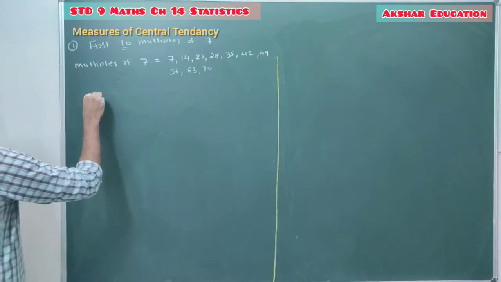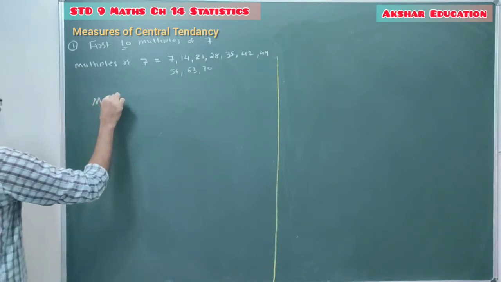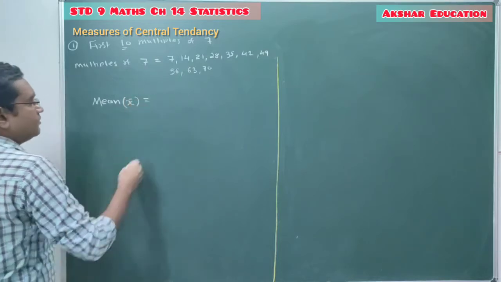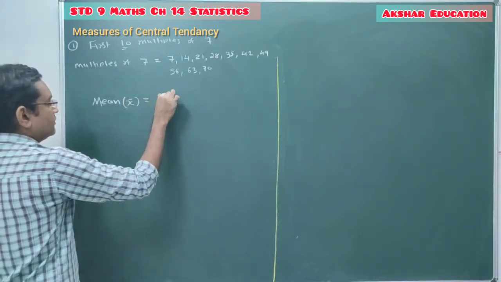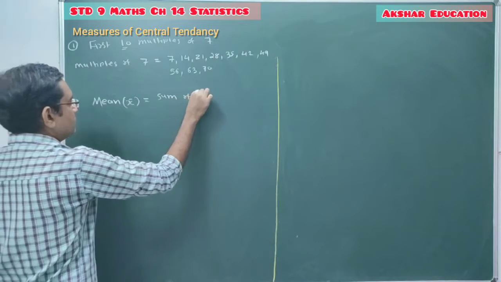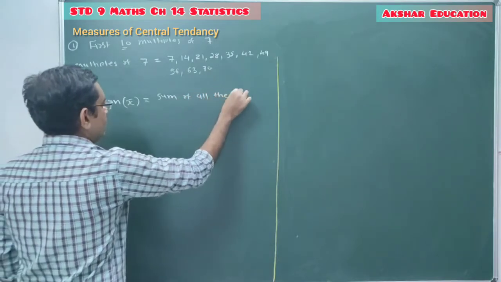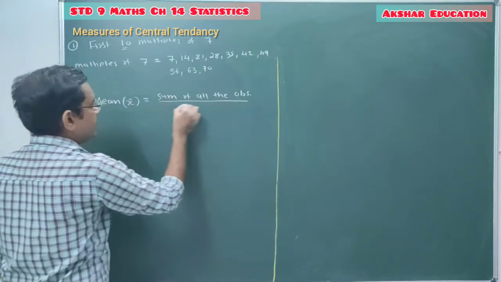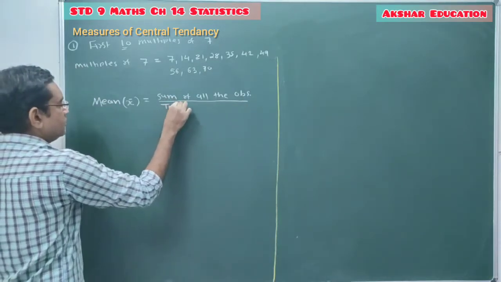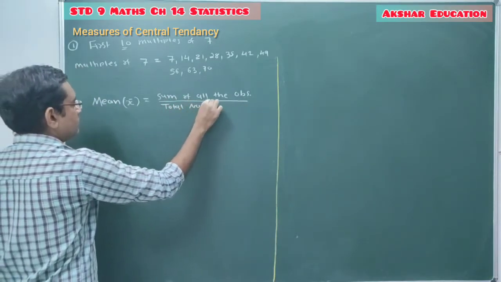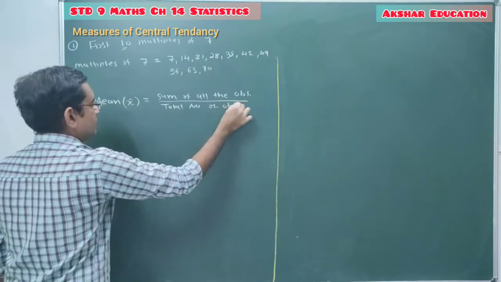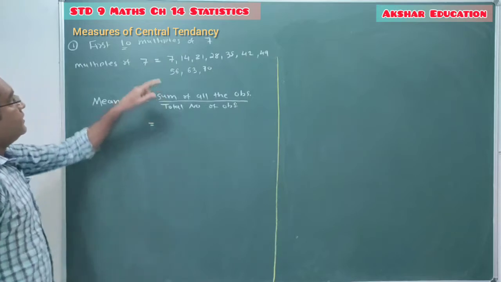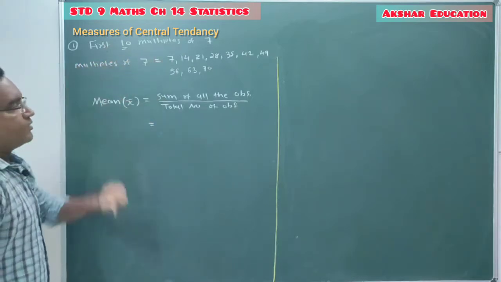So mean of given data, what is the formula? Mean is represented by x bar. Mean is nothing but the sum of all the observations divided by the total number of observations. Observations are nothing but the first 10 multiples of 7.